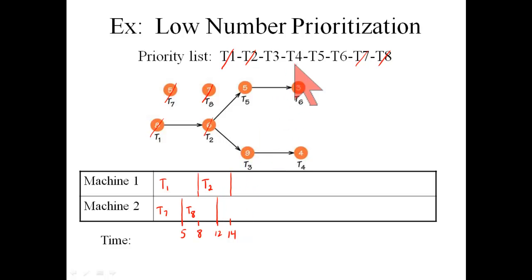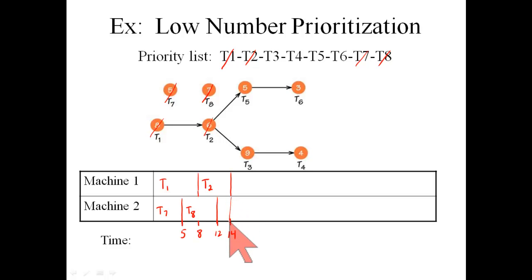So can't do task 3. How about 4? No. 5? No. 6? No, because all of these have prerequisites that eventually feed back to task 2. And so even though machine 2 has free time, nothing at the moment is available for it to do. Nothing else can be done until task 2 is finished.